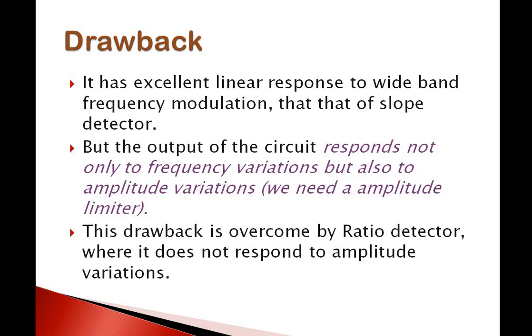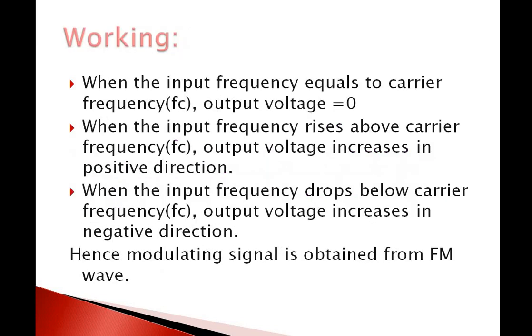So we have phase discriminator methods, the Foster-Seeley method and the ratio detectors. Here you will be using an RF transformer and two diodes, and both of these completely give you linear responses, and no distortions and no harmonic noises will occur in these methods.